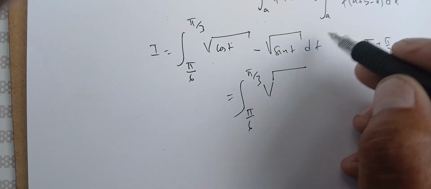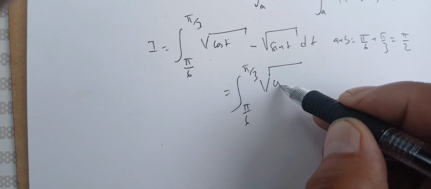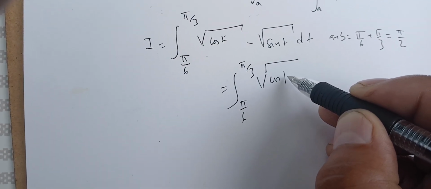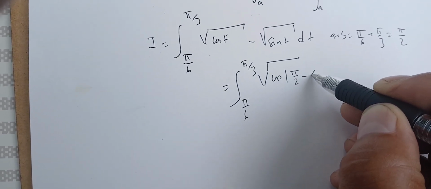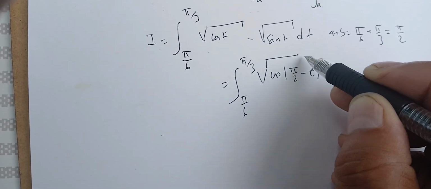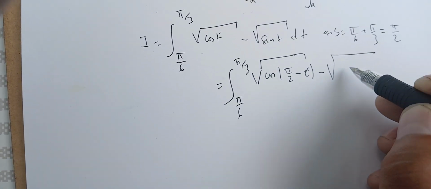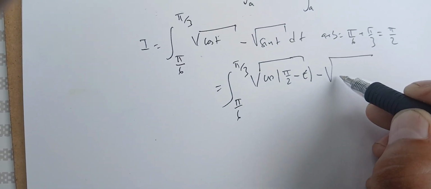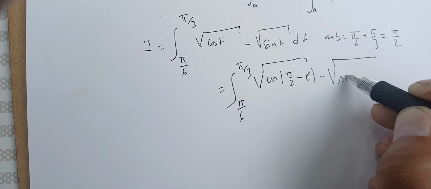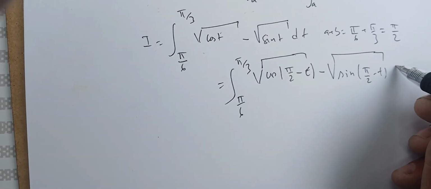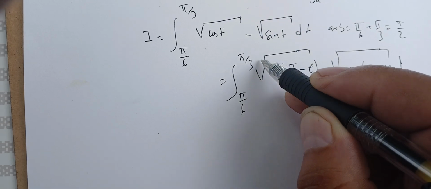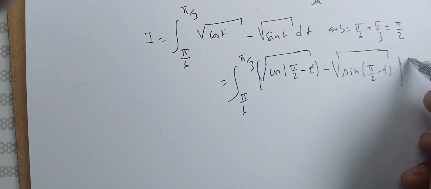And therefore we have the square root of cosine of pi over 2 minus t minus the square root of sine of pi over 2 minus t dt.